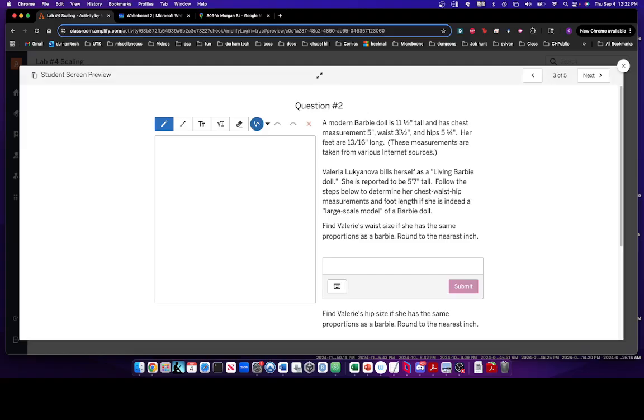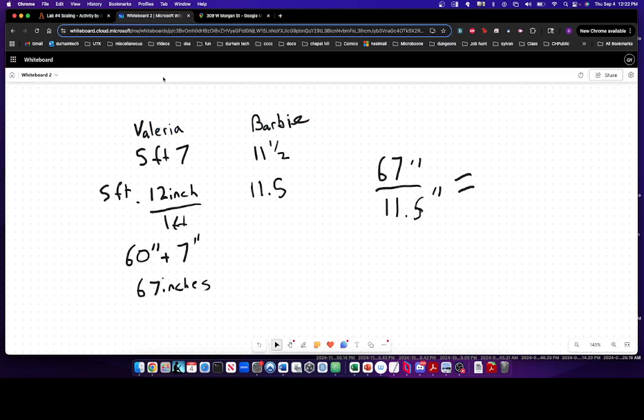Want to find the waist size, and we know that the Barbie doll has waists that are 3.5 inches wide. So we want to equate that ratio. I put Barbie on the bottom, so we want to put Barbie's waist, in this case, on the bottom. So the ratio of their heights has to match the ratio of their waists.